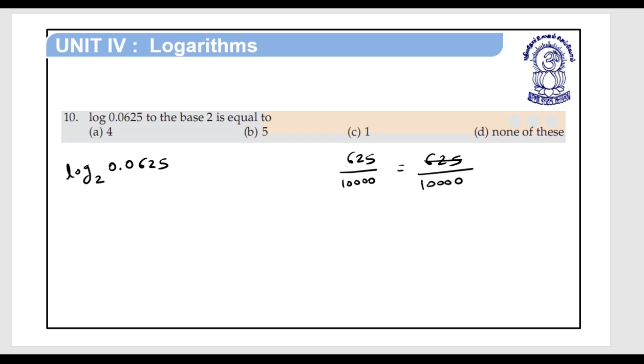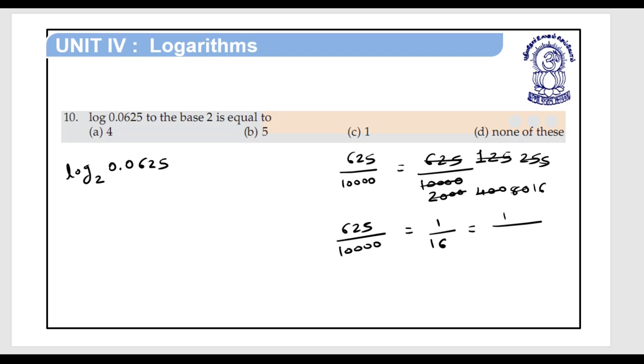Simplifying 625 by 10,000: 5 1s are 5, 5 2s are 10, 5 5s are 25, 5 25s are 125, 5 125s are 625, and so on, so 625 by 10,000 is equal to 1 upon 16.